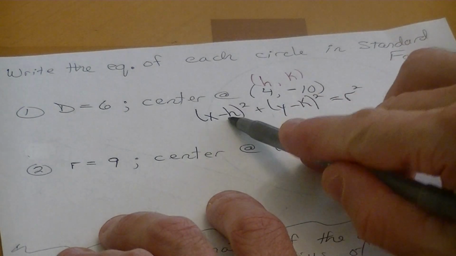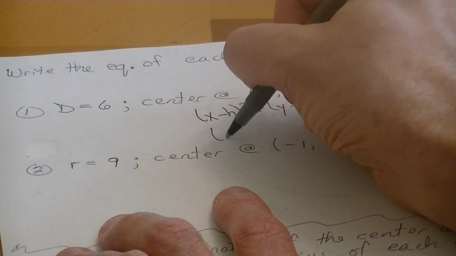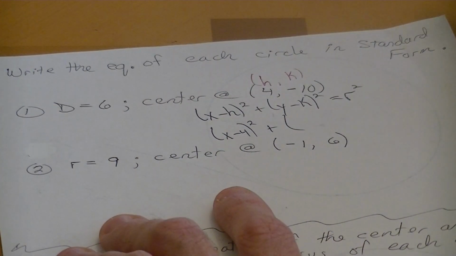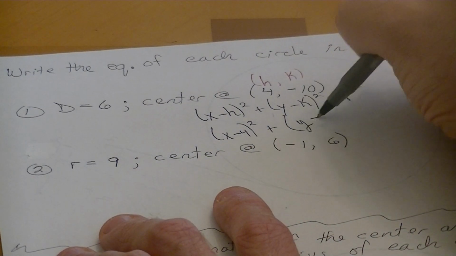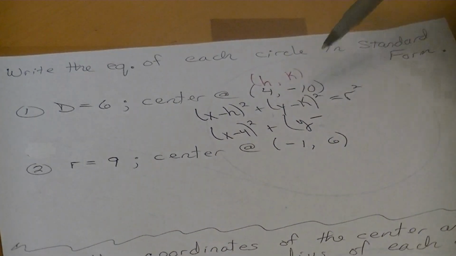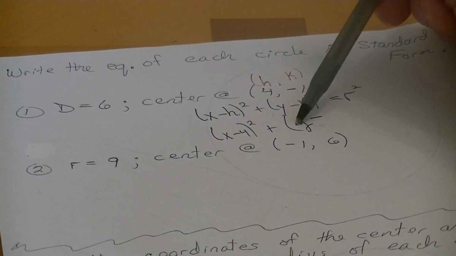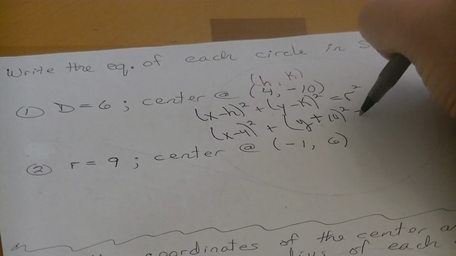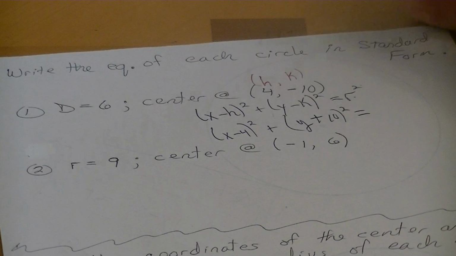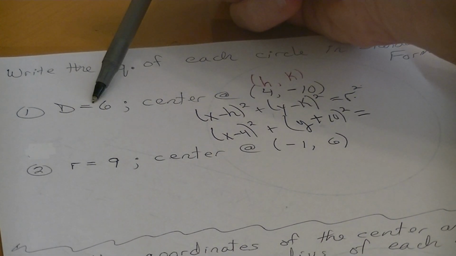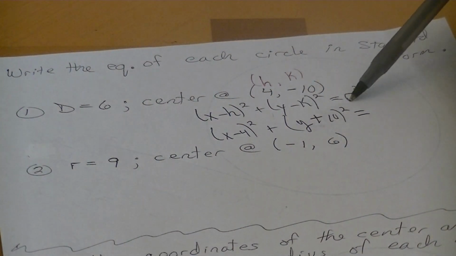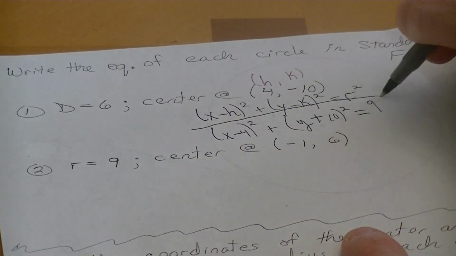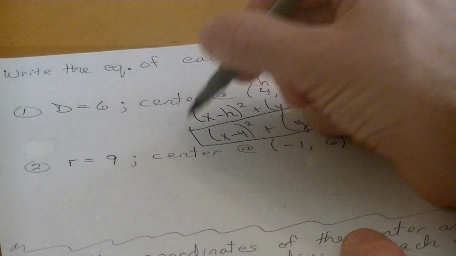So x minus h in this case is x minus 4 squared plus y minus k would be y minus, what's my k value? Negative 10. Well, y minus negative 10 means y plus 10 squared. And it has to equal my radius squared. Well, if the diameter is 6, the radius is 3. 3 squared is 9. This is the equation for that circle.